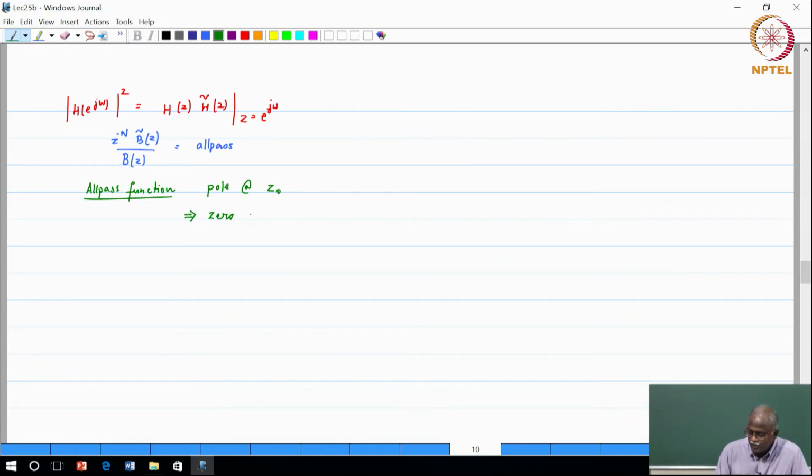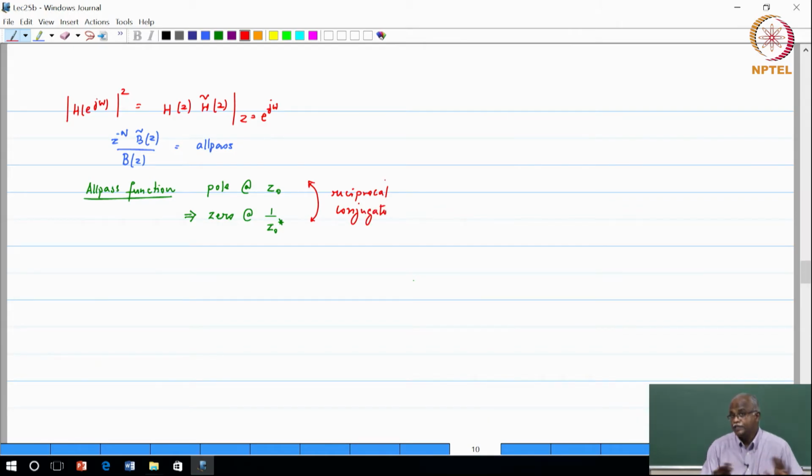So there has to be a 0 at 1 over z0 conjugate. So there is a reciprocal conjugate relationship between the poles and 0s. Please make a note of that: reciprocal conjugate locations.